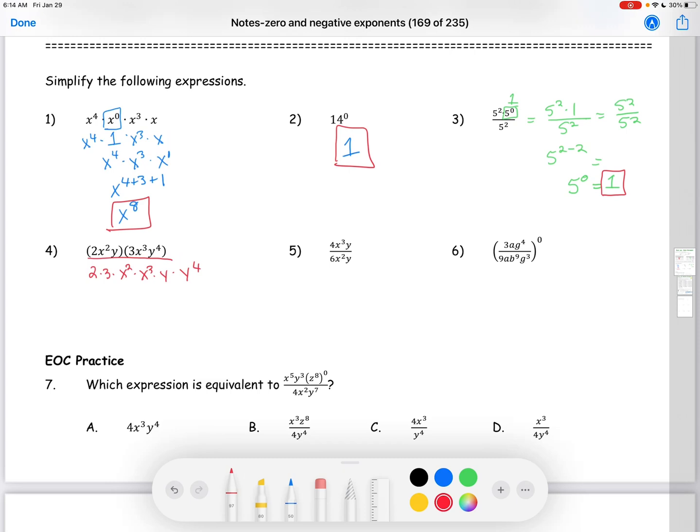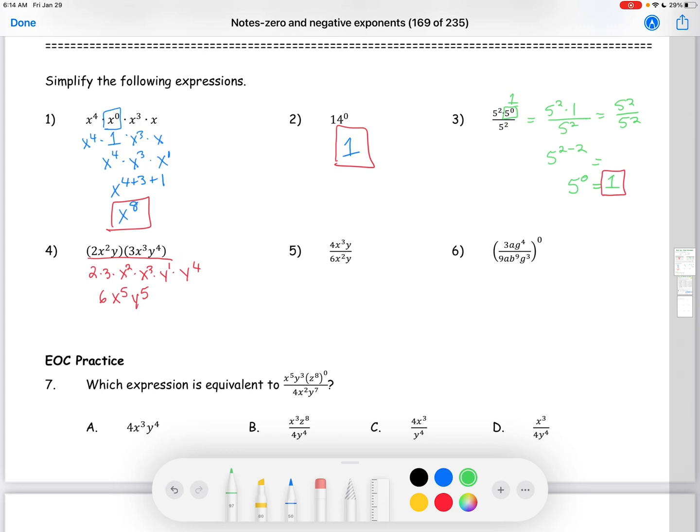Because this is a product. And then 2 times 3 is 6. x squared times x cubed is x to the 5th, because we add. This is the product rule. And then y times y to the 4th is y to the 5th.